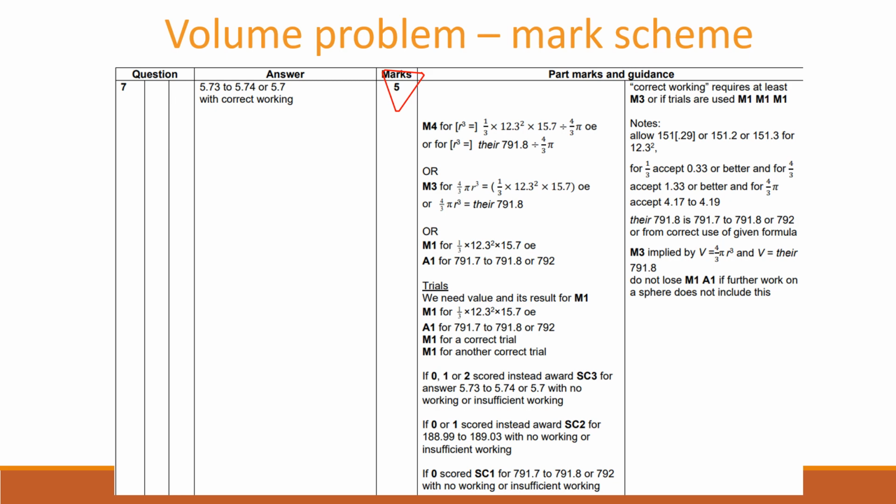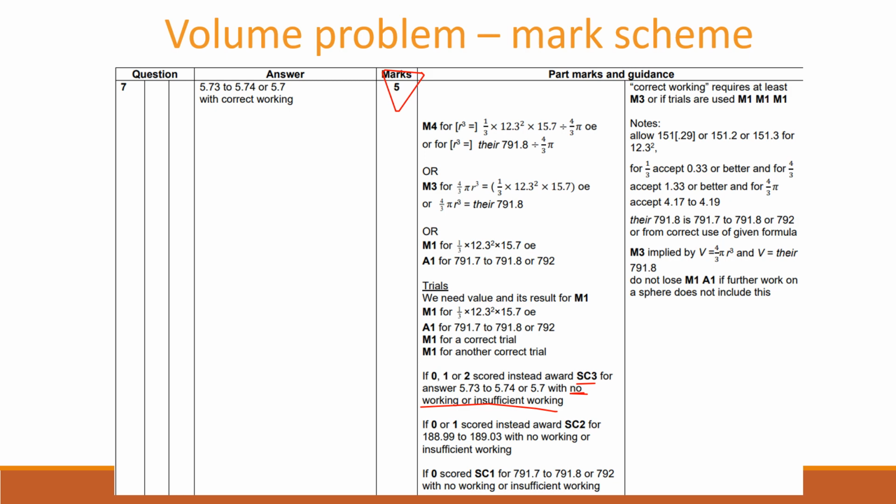It says down here SC3 for an answer of 5.73 or 5.74 or 5.7 with no working or insufficient working. So if you don't show your working, the maximum number of marks you can get for this question is 3 marks.